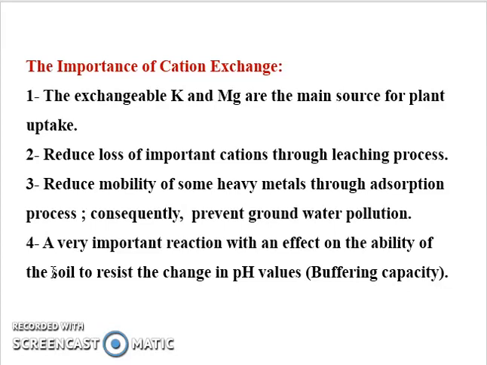When you are measuring the pH of the soil, you are measuring the pH in soil solution. Consequently, you are measuring the active acidity. If there is a change or decrease of the concentration of hydrogen in soil solution, the exchanged hydrogen can then be released and cause buffering for the changes of pH.